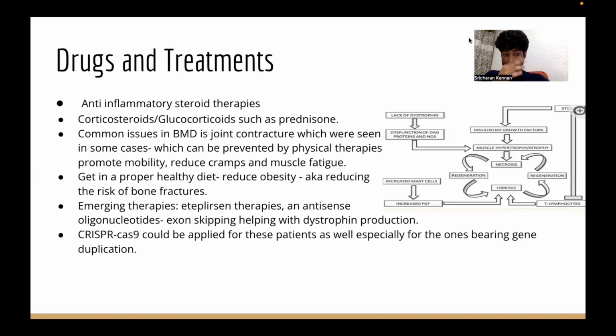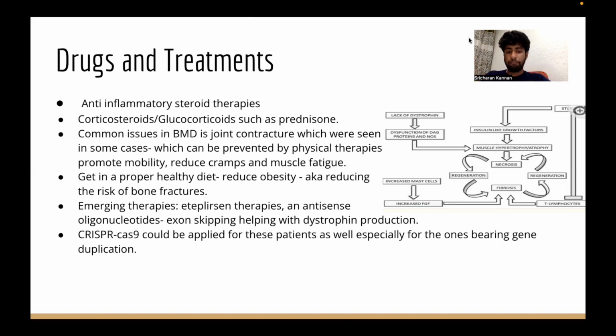Other emerging therapies in the field of molecular biology include exon skipping therapies, which use an antisense oligonucleotide that helps with the production of dystrophin.